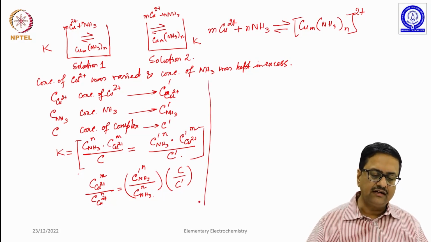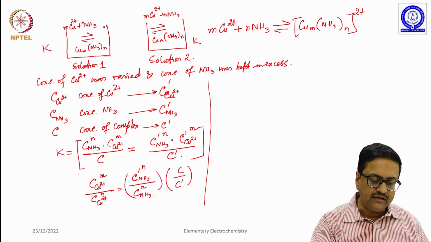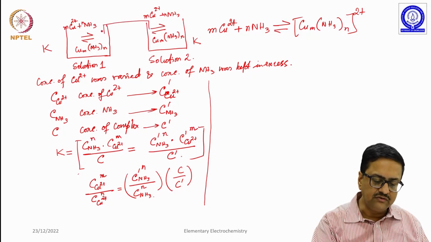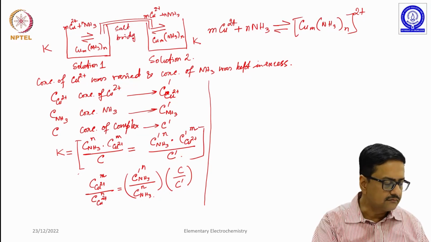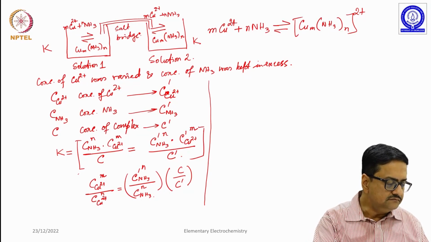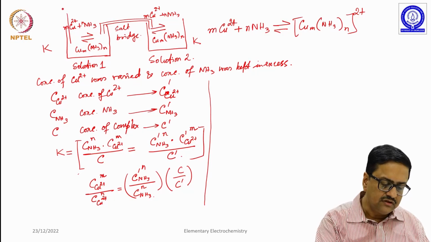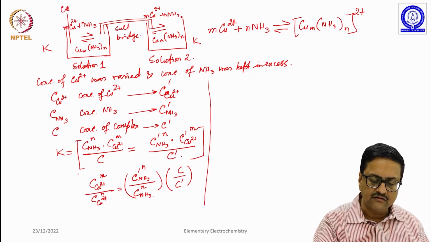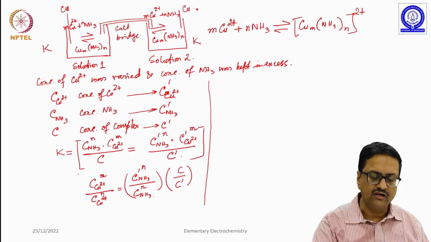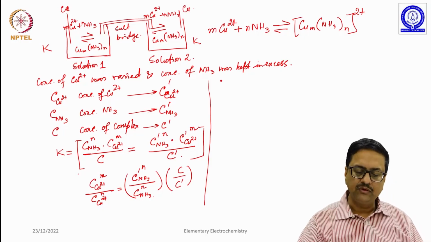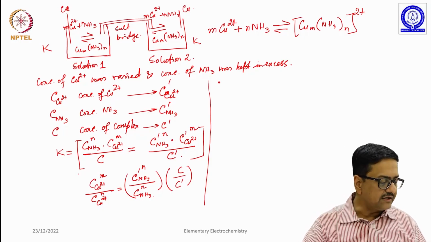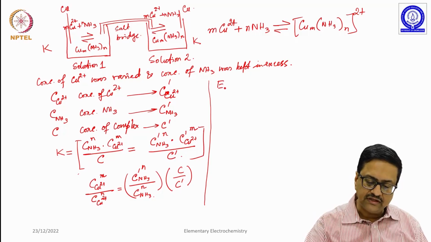So, now what he had done is he had connected these two solutions using a salt bridge, and used copper as electrode on either side, and then connected this to a potentiometer to determine the value of E cell.